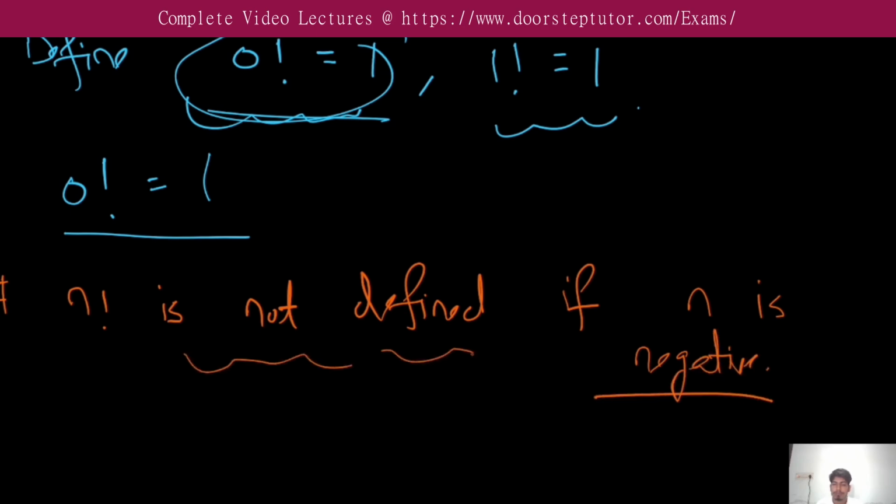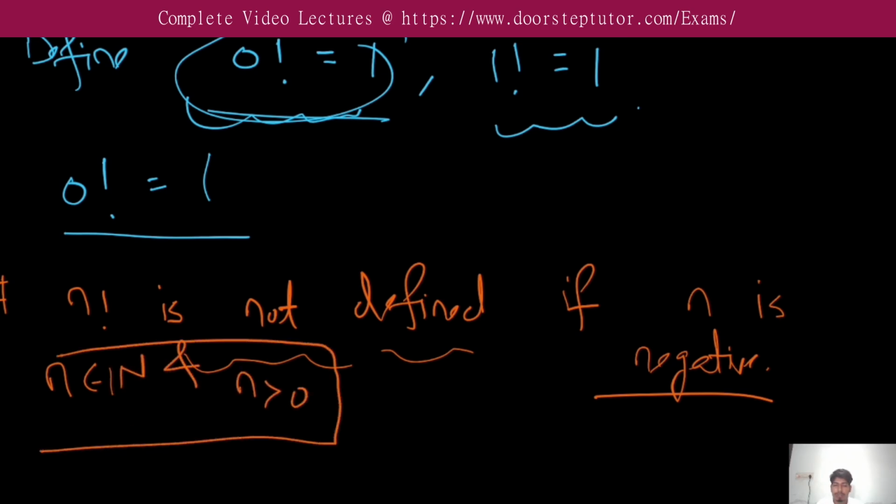It means n must be a natural number, n greater than or equal to 0, because 0 factorial is also defined as 1. If n is less than 0, then factorial n is not defined.